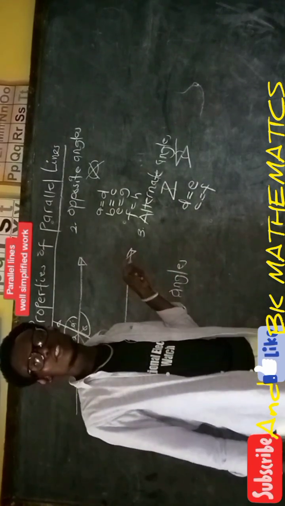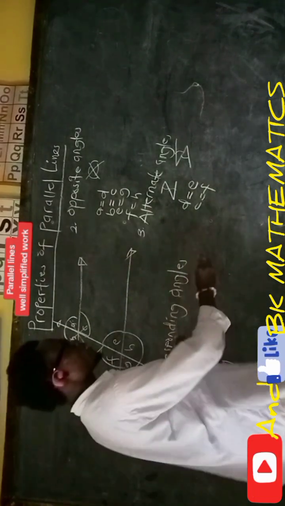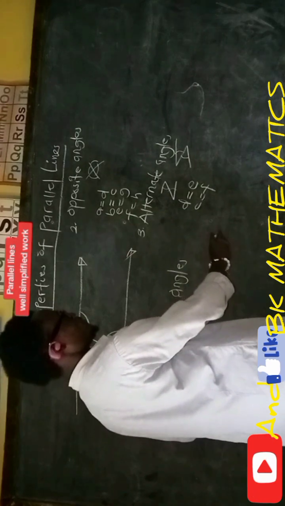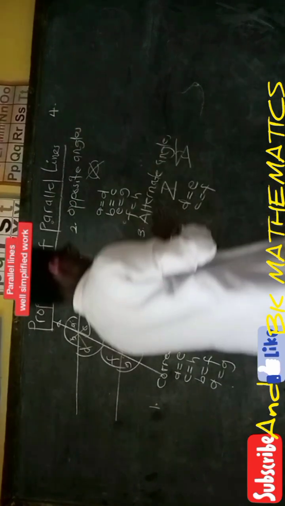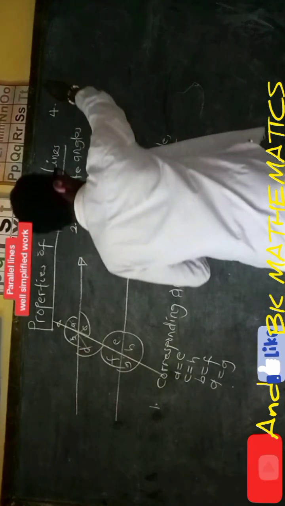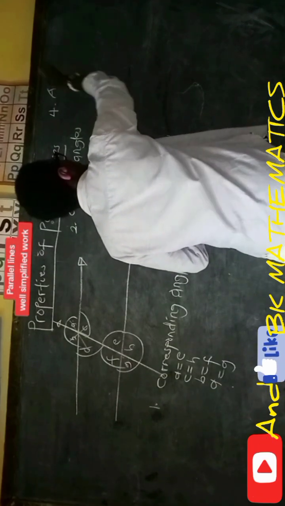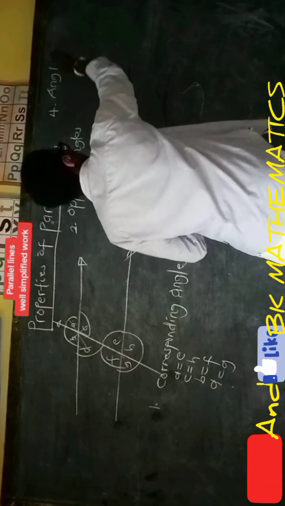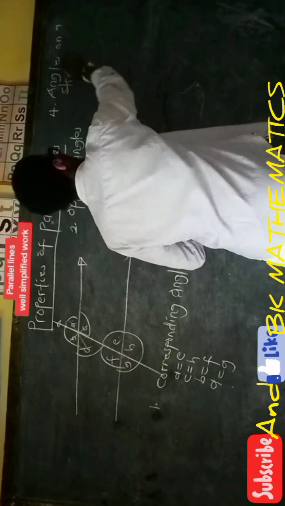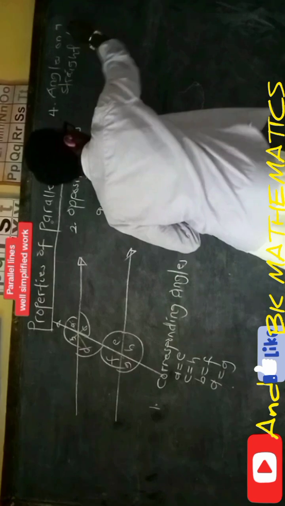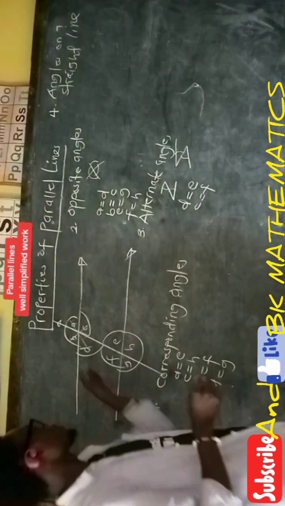Okay. Then let's try to look at the fourth one, that is angles on a straight line. Let's identify them. A and B, they are on a straight line.